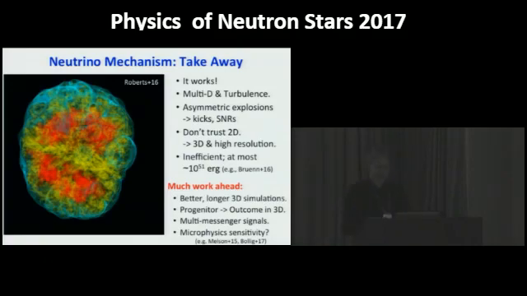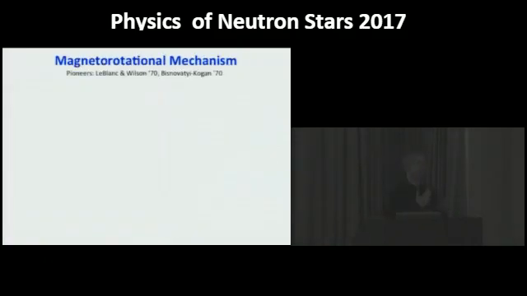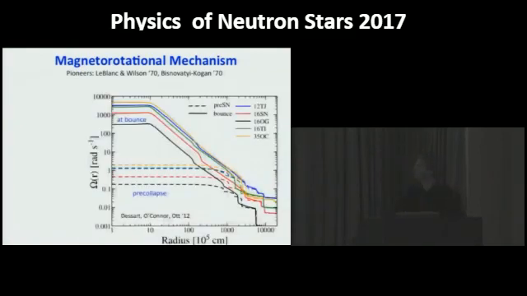So in the remaining 5 minutes I have, I want to talk about magnetorotational explosions. And of course, Martin has already mentioned this a little bit, and I like to show this plot, which really shows you where this energy is coming from. Down here you have angular velocity as a function of radius. This is different stars at the onset of collapse. Then you collapse and you gain about a factor of 1,000 in angular velocity.